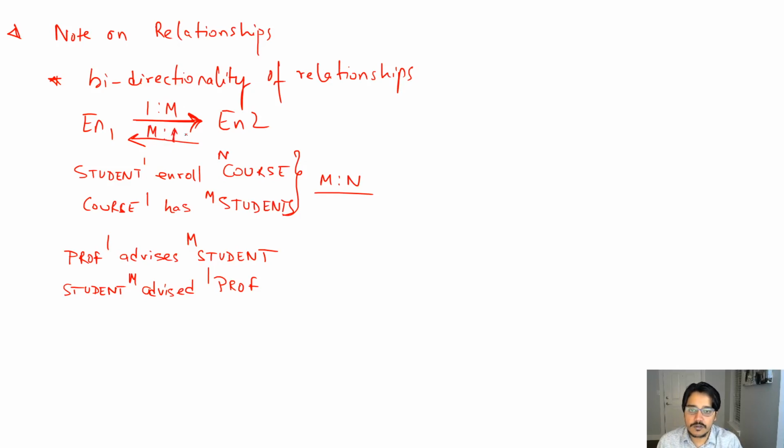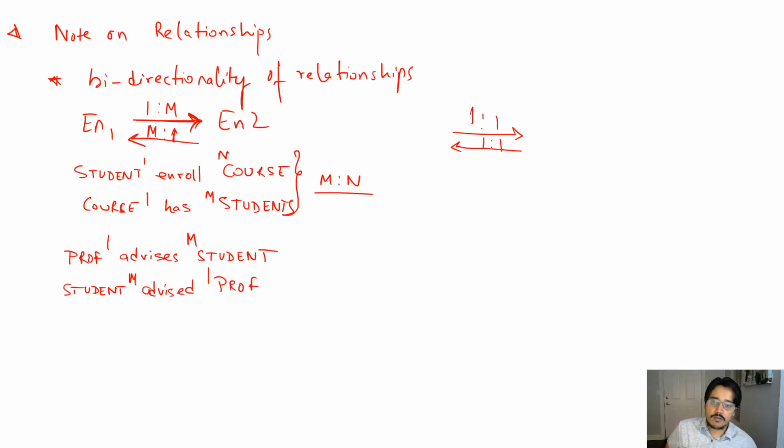Now it is kind of counterintuitive to discuss this for 1 is to 1 relationships, because if in one direction it is 1 is to 1, then in the other direction it should also be 1 is to 1 for the same context of the relation, not changing the context. Okay.